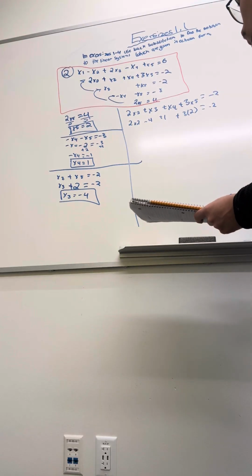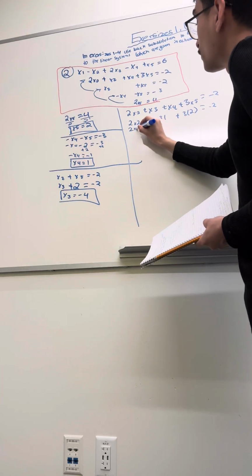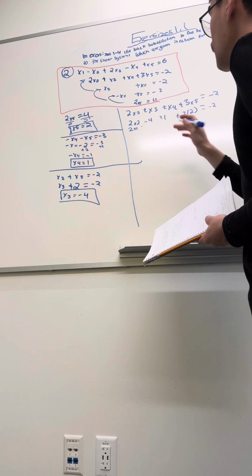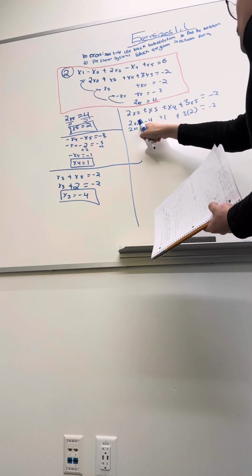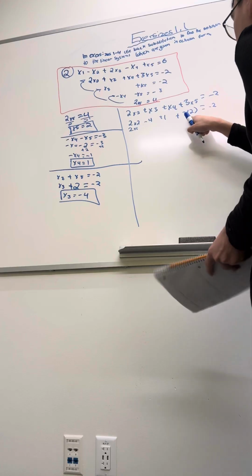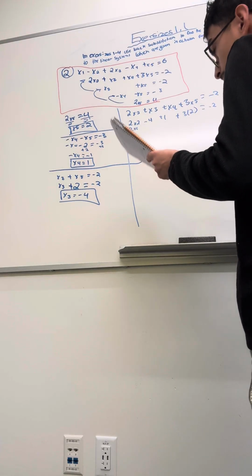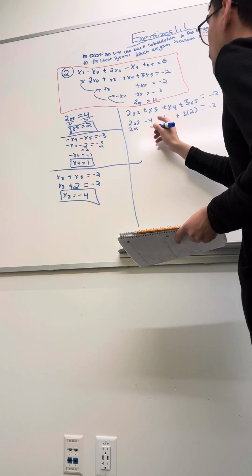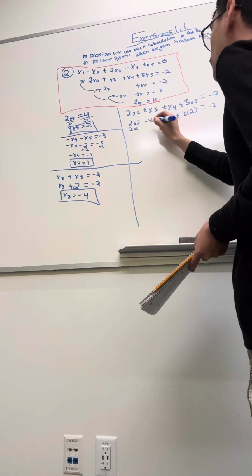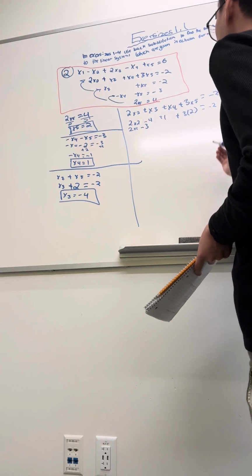And so we're going to have 2x2 minus... I'm just going to combine the negative 4 plus the 1 plus 3 times 2, which is 6. First, negative 4 plus 1 is negative 3, plus 6.